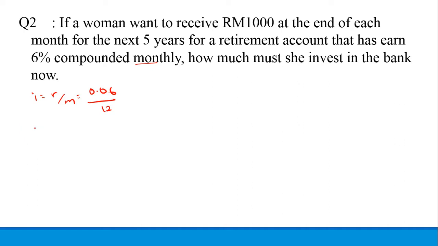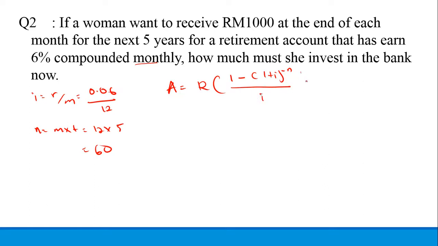The next one is N equal to M multiplied by T, which is 12 multiplied by 5 years, is 60. And then I will use the formula A equal to R[1 minus (1 plus I) power of negative N] divided by I.